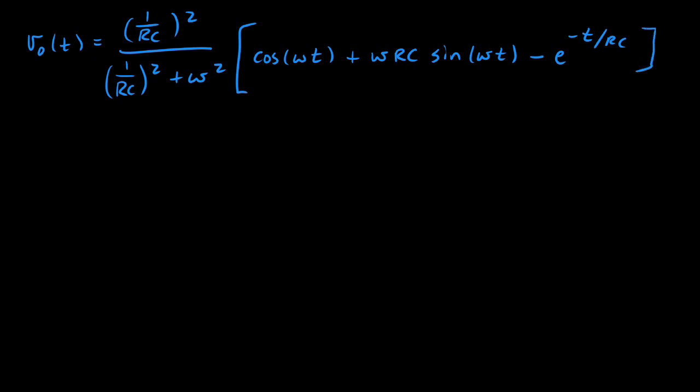All right, so a lot of work. This does include the transient, right? So you might think this thing here that decays is going to have something to do with the transient. And obviously we got some sinusoidal terms in here. So we're going to end up eventually in a sinusoidal steady state condition because we're driving it with a sinusoid.